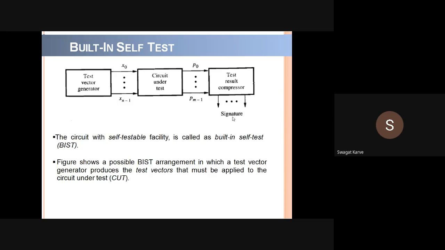Because now we are marching towards nanotechnology, the scaling factor is one of the important issues nowadays in VLSI circuits, right? Scaling factor means what? Within a certain area, how many CMOS or MOSFETs can be occupied? That is nothing but the scaling factor, right?